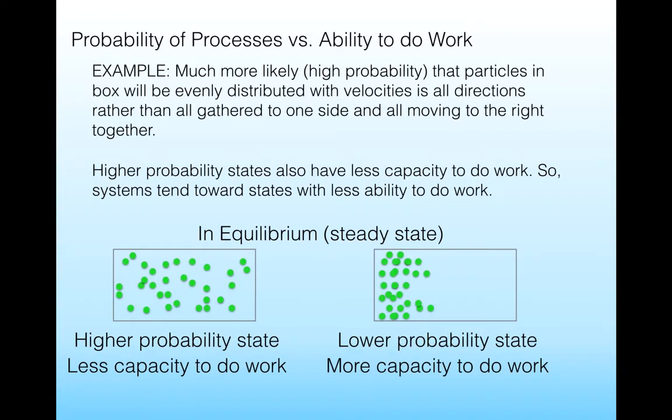And so this center of mass or momentum argument also says that the box on the left is more likely, and it's actually what is happening with these molecules, whereas the box on the right has lower probability of happening and more capacity to do active work, more ability to create a force to move the box off the table, but that's just not happening.